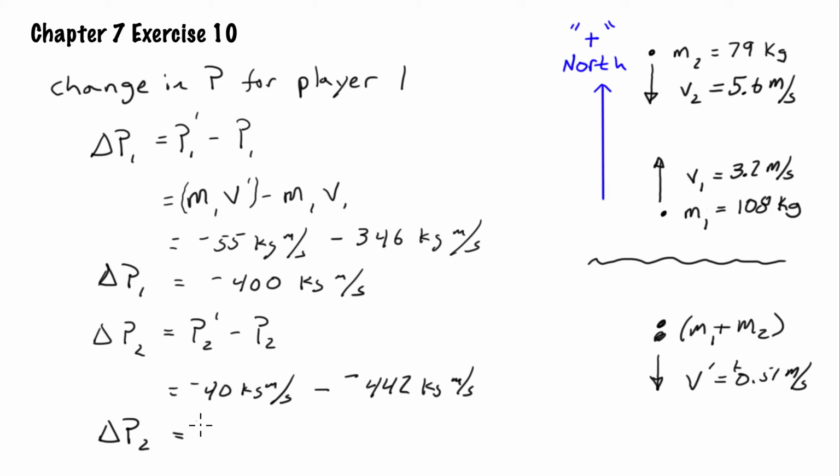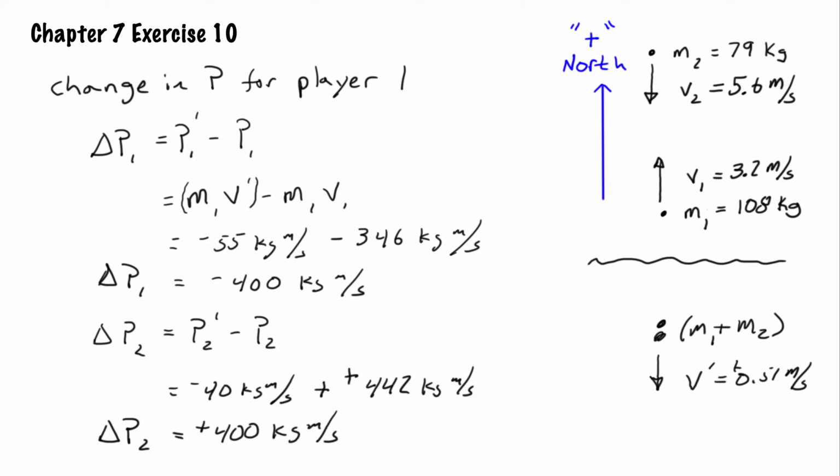Well, looks like it's minus 40, two minuses make a plus, 40 times 10 is equal to plus 400 kilogram meter per second.